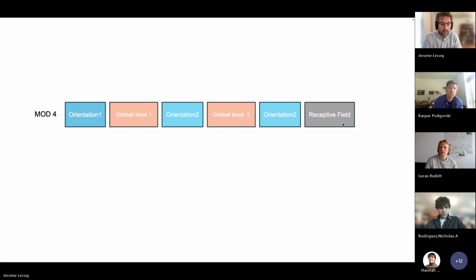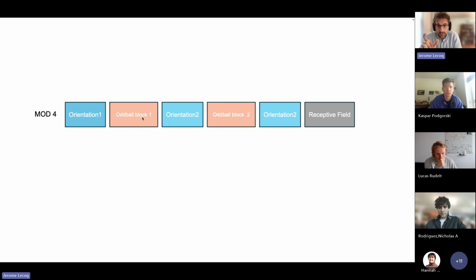Yeah. I would like to propose that we follow this design, where we have 3 orientation tuning blocks that will be 30 trials long each, so fewer repeats for each block.